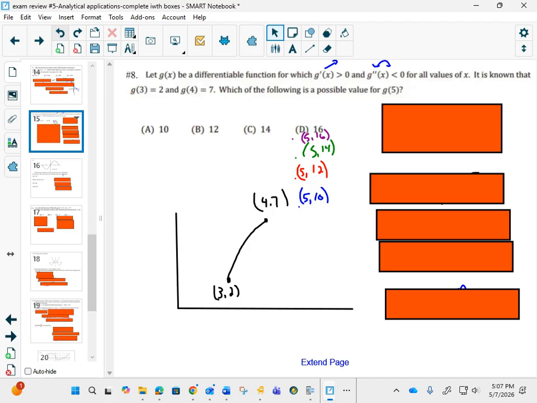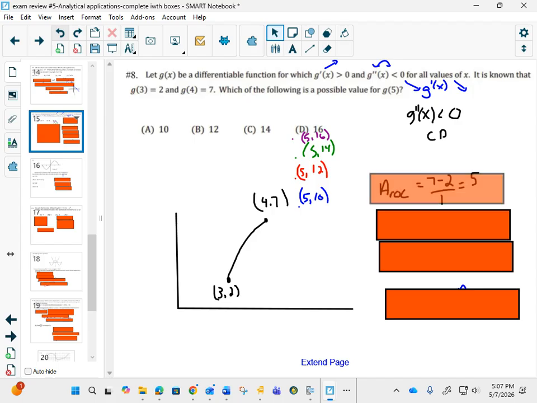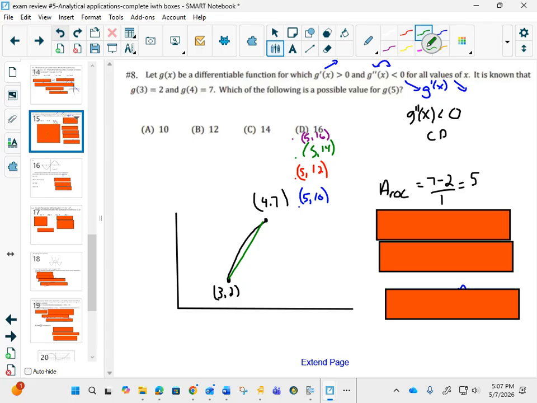g double prime of x being less than 0 also tells us that g prime of x needs to be decreasing. If we figure out the average rate of change in between these two, it's 5. That's the average slope. That's this line right here.